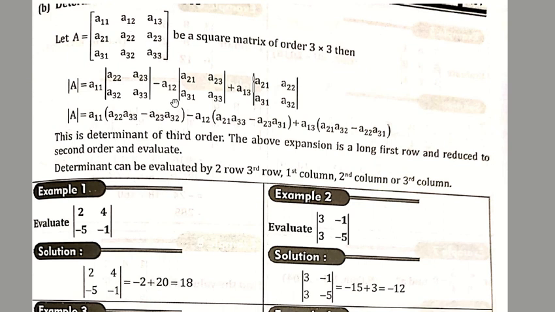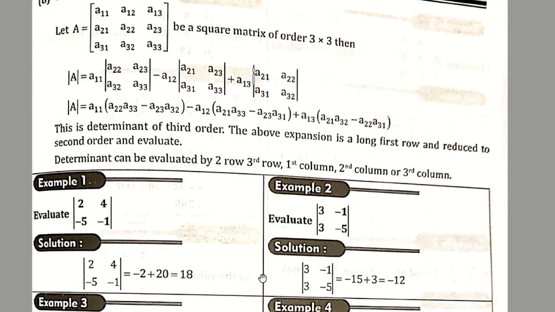For A12, you take A21, A23, A31, A33. So you leave out the numbers in the same row and column as that particular number. Then for A13, you take A21, A22, A31 and A32. Now you can cross multiply and subtract, and you get the value of the determinant.